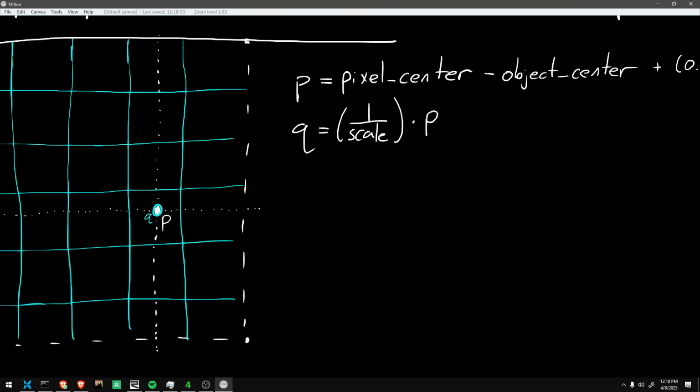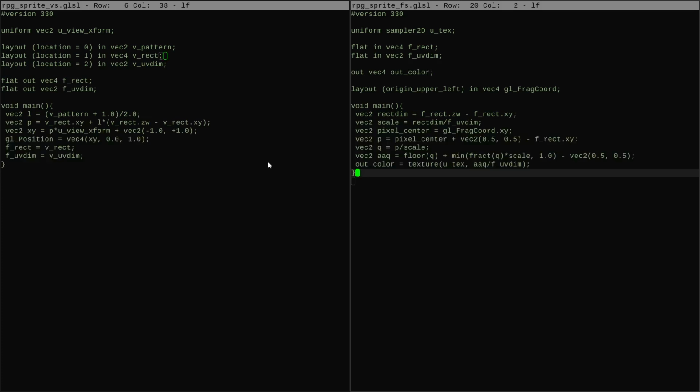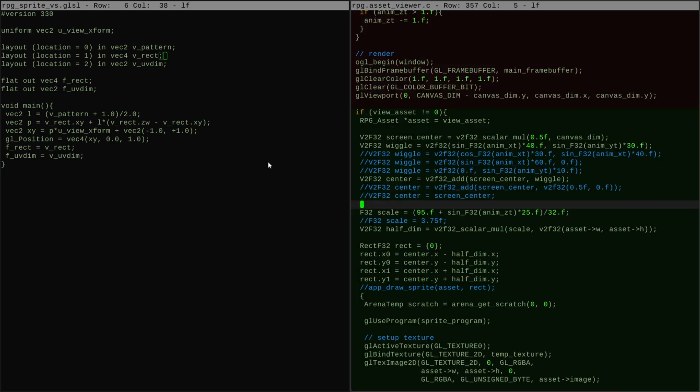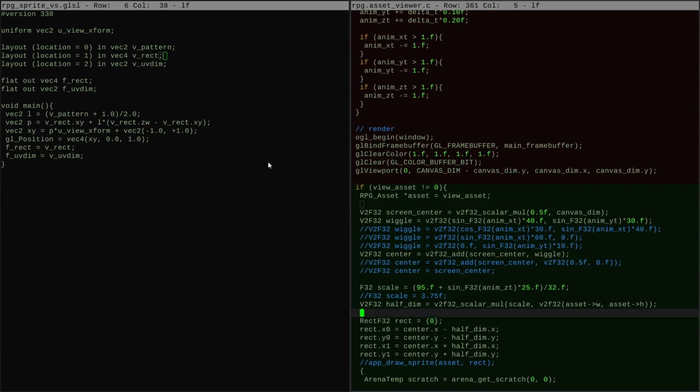Here, let me just show you what I mean. X and Y don't have to have the same scale. They work perfectly fine independent from each other.